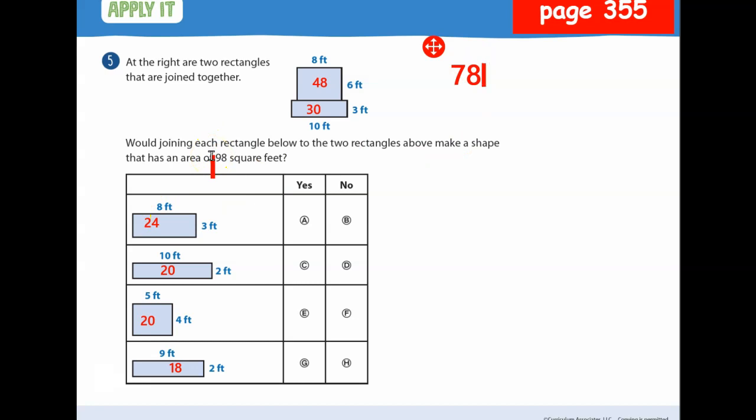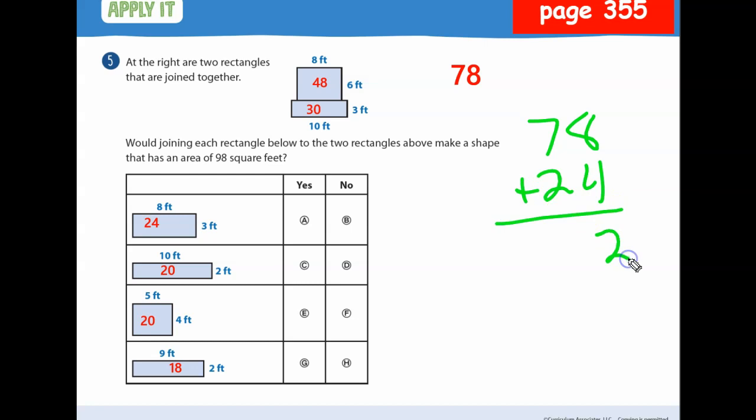Yes or no? So if I add 24 to 78, let's see. 78 plus 24. That's 102. So the answer is no for that one.